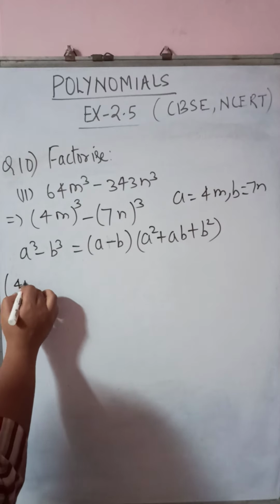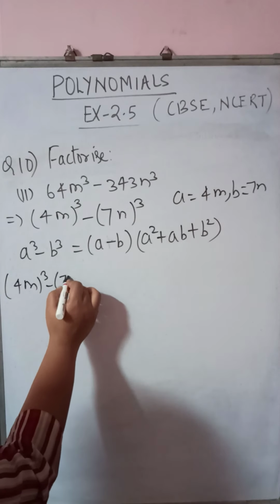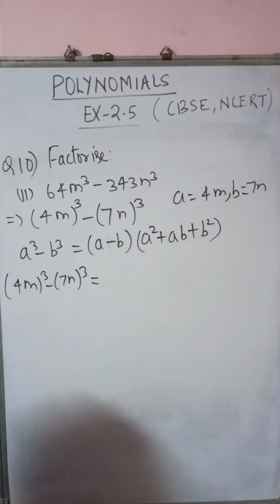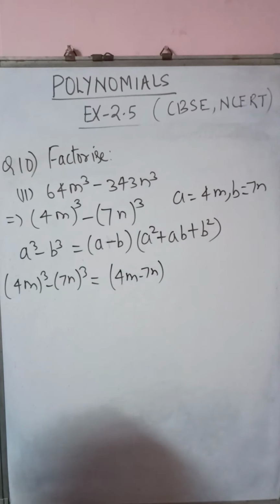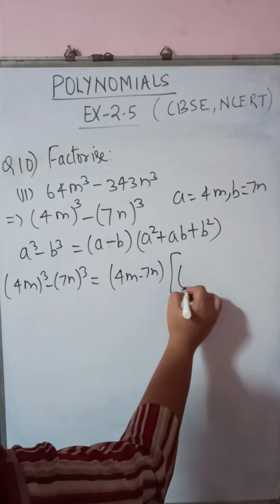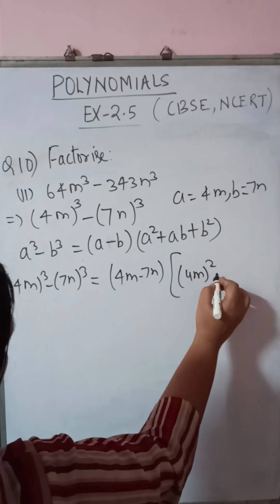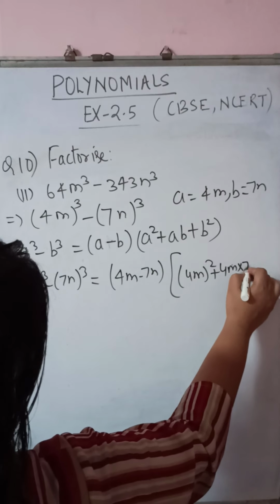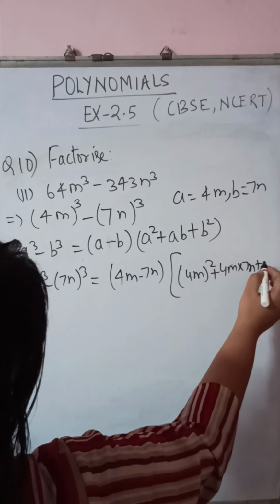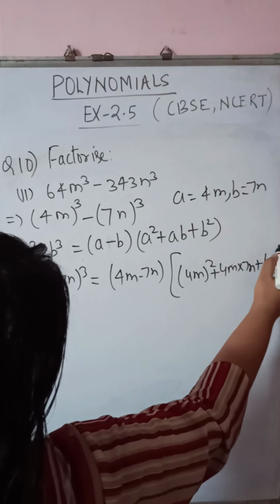That means a cube minus b cube is equal to (a minus b) into a square, plus ab, 4m into 7n, plus b square, meaning (7n) whole square.